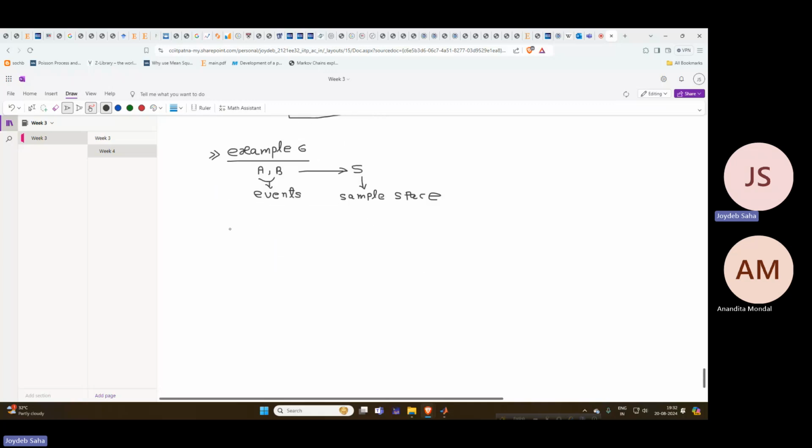Now, question 1 is, what is probability of S with condition B? This is the first question. Can you solve this? Try to solve and then we will check the answer.